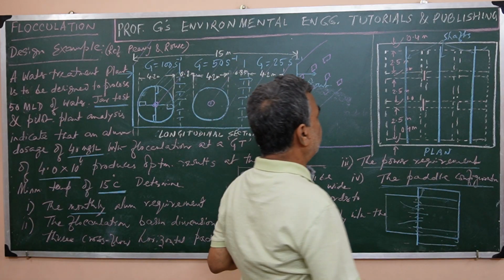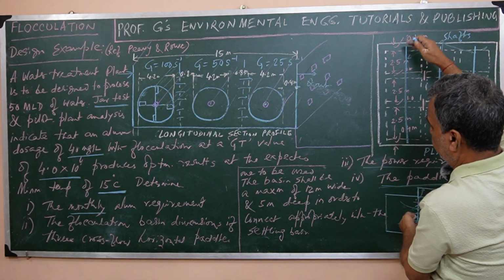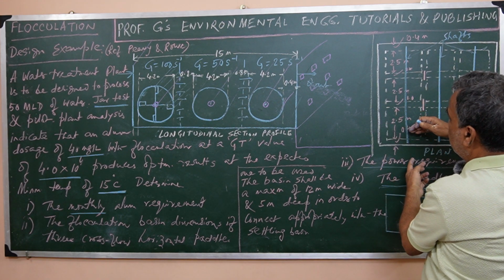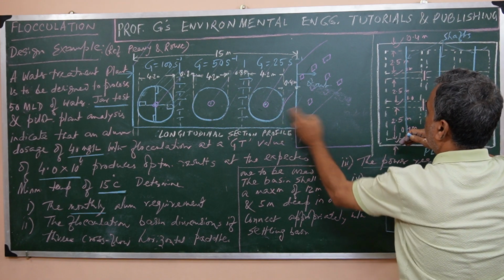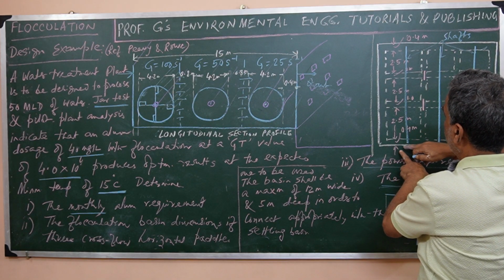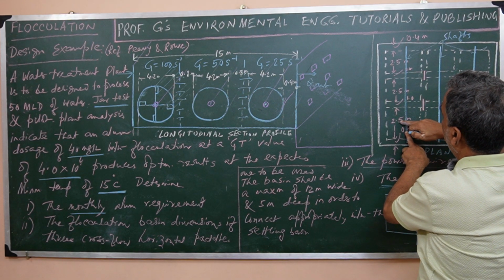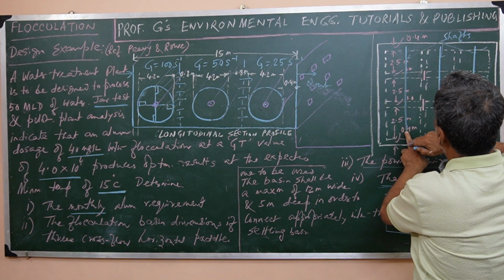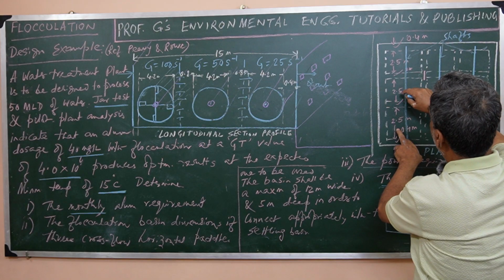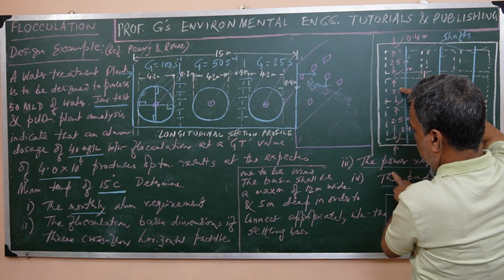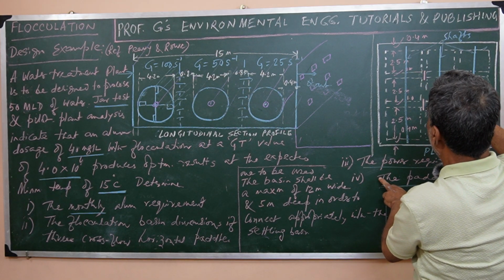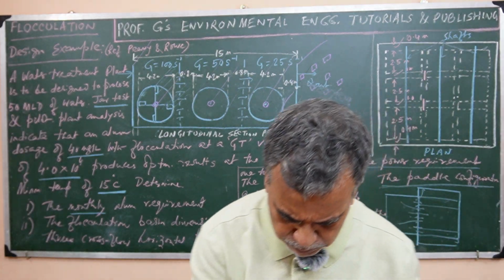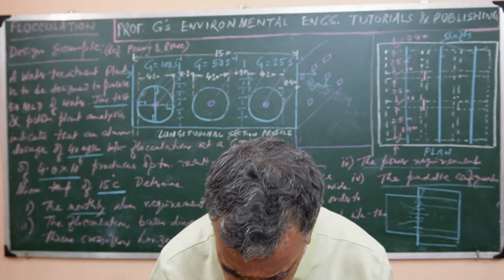And 12 meter is this way, the width, which is equal to the width of the settling basin following that flocculation basin. So this is 12 means, as you see here, 0.4, 2.5, 2.5, 2.5, so 7.5, right? And this is 7.5, how can it be 12? Just 1 minute. I might have made a mistake or so.